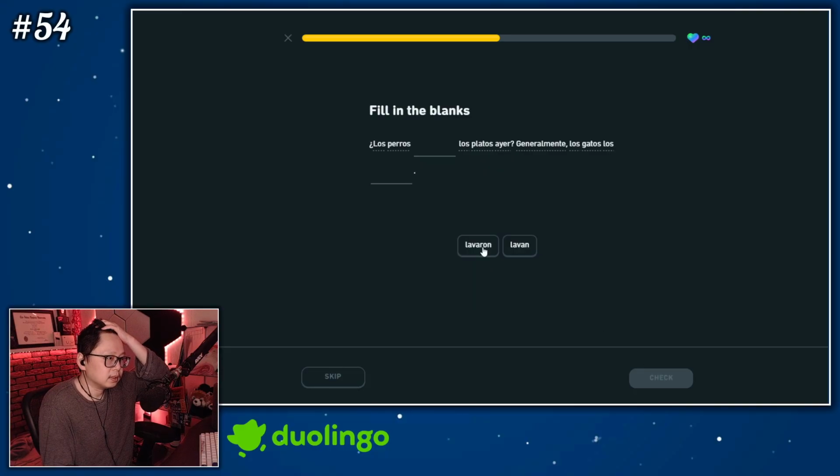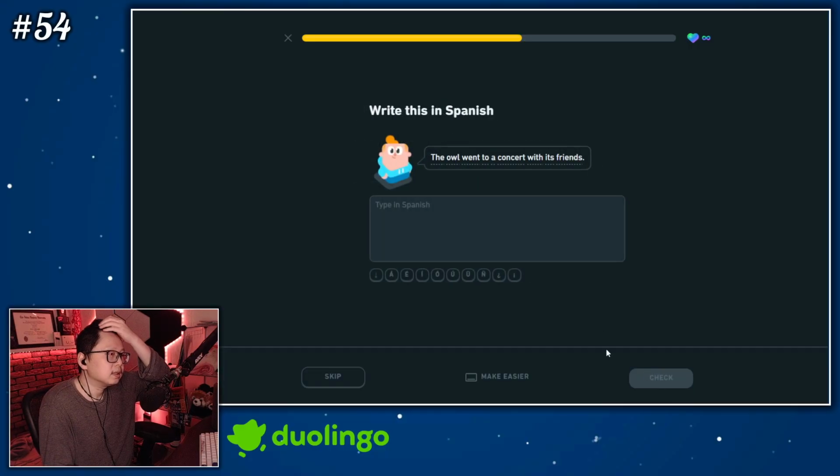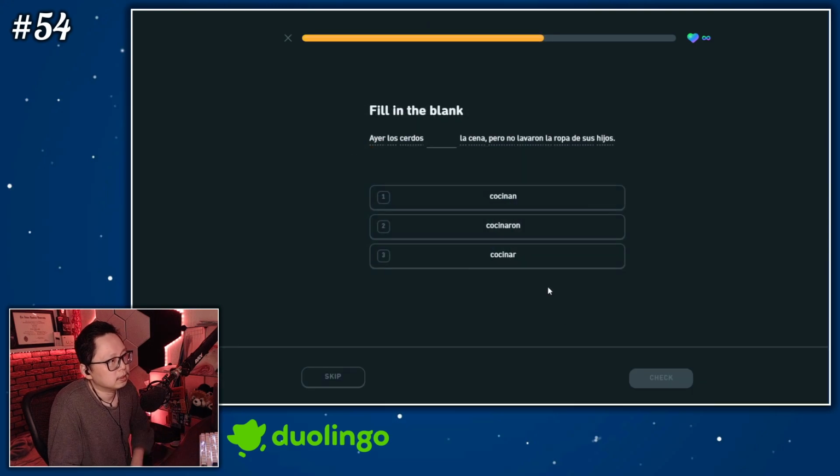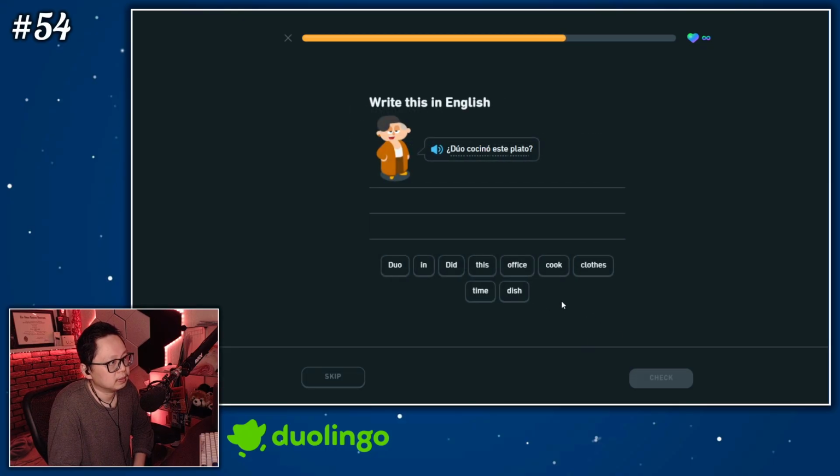Los perros lavan. El búho fue a un concierto con sus amigos. Ayer los cerdos cocinaron la cena. ¿Quién cocinó este plato?